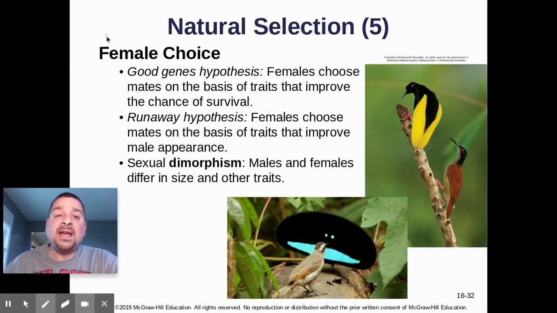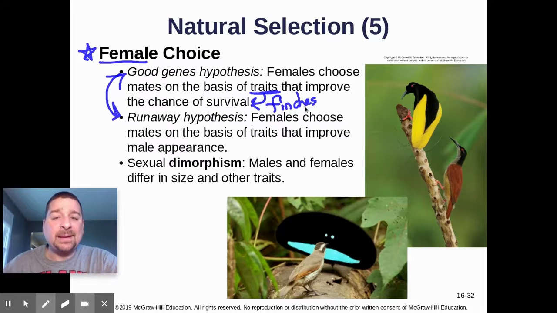One of the things we look at is female choice. We'll look at the females first. There's kind of two hypotheses that we look at. The good gene hypothesis, in which females choose mates on the basis of traits that improve their chance of survival. An example you'll see in a later video is that in times of drought, the finches on the Galapagos Islands will actually choose mates with bigger, thicker beaks, because during a drought, the food sources are drier.